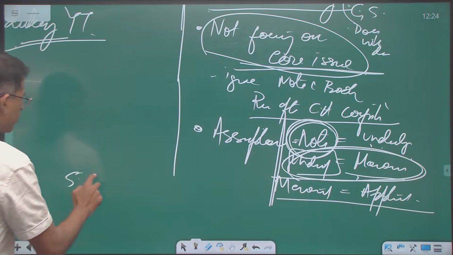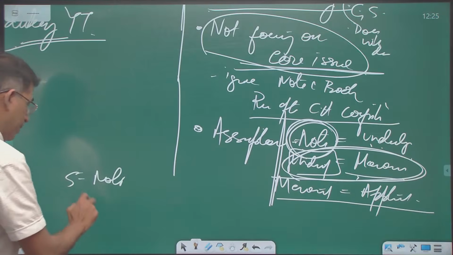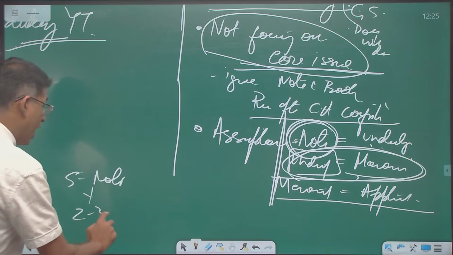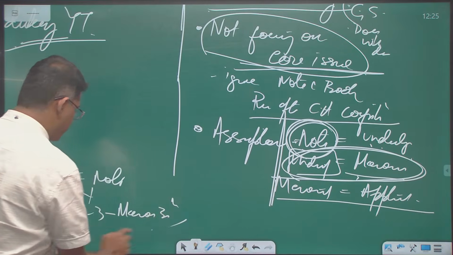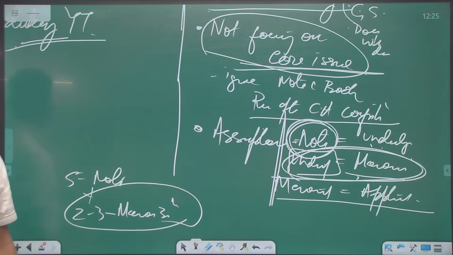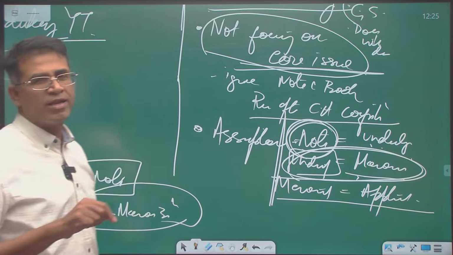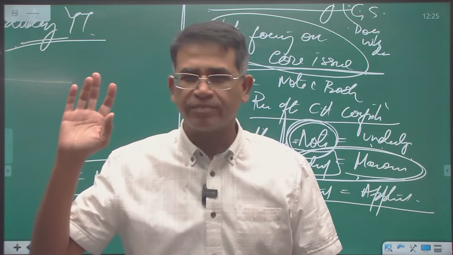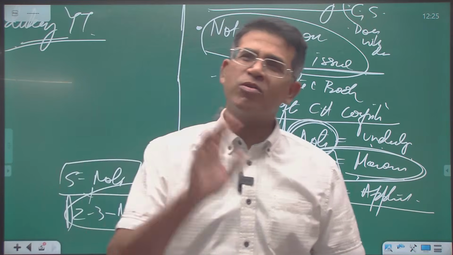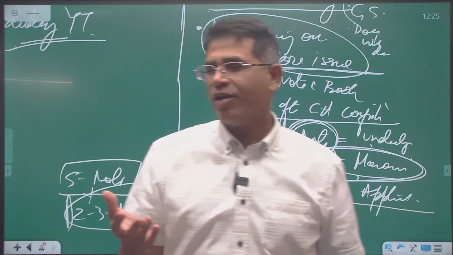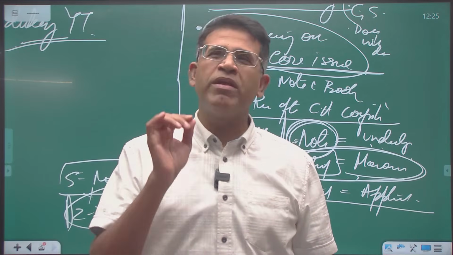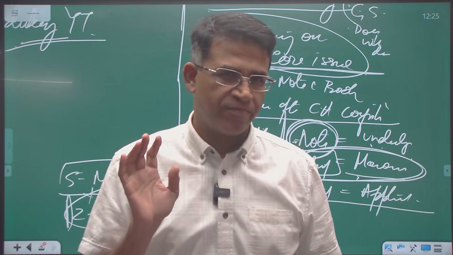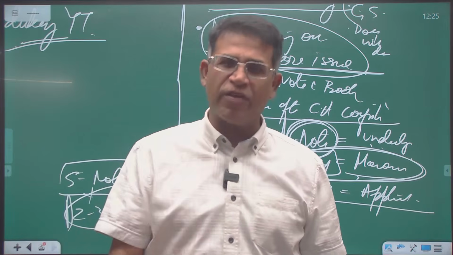5 hours of notes making plus 2 to 3 hours of memorization. ये अलग काम है. Only going to class making notes will not help you. If you only go to class and make notes, you're only ensuring that you will end up being frustrated faster. Every day, without fail.